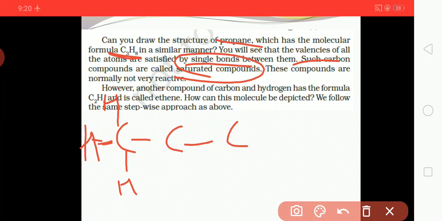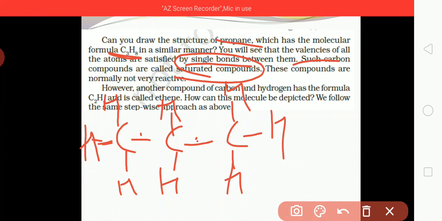Now in the middle one, two bonds are already set, so only two are there, and in those two we attach hydrogen. In this other carbon one is set, three are left, and in those three we write hydrogen.